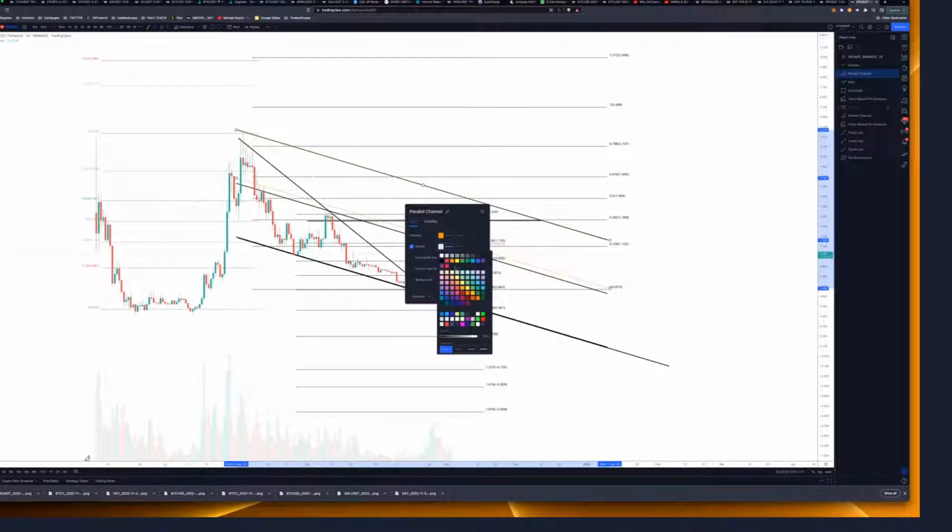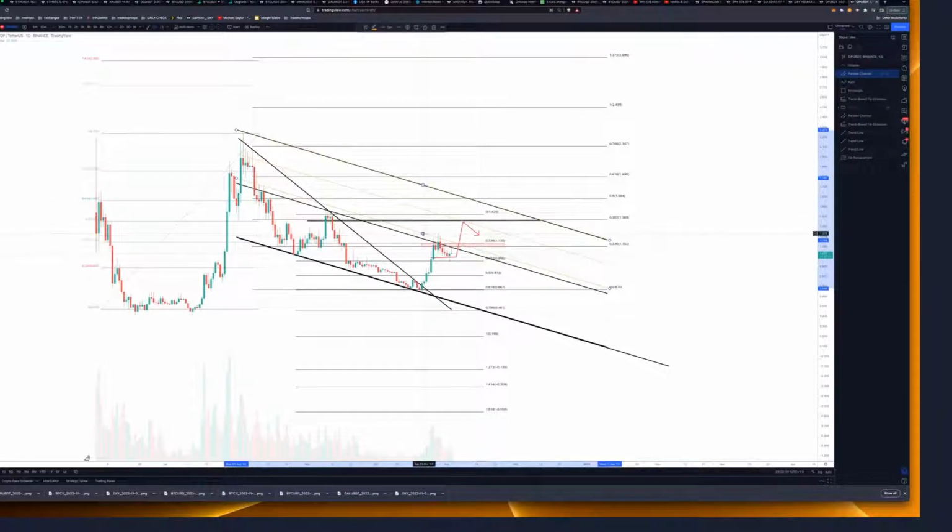Why is it white? I got no idea. Okay, so the next level, if it was the breakup, will be roughly there, the middle of this channel, aligned with that. So yeah, the best we can probably do is go to the 0.5 fib level. So that's probably the best we can do if we were to break this level, be bullish.